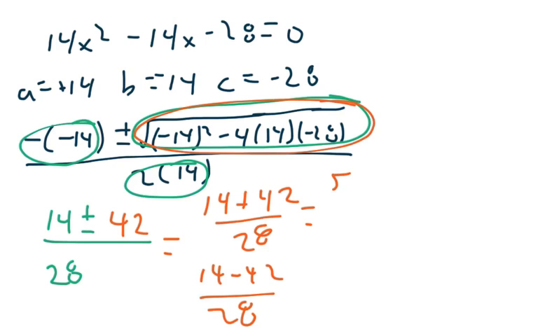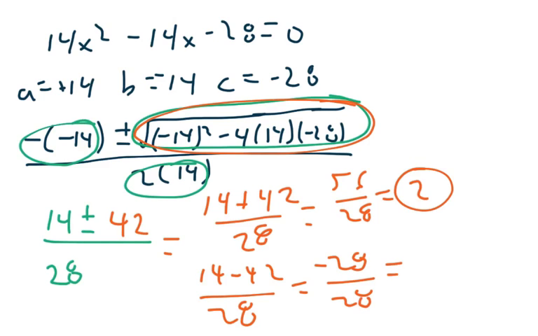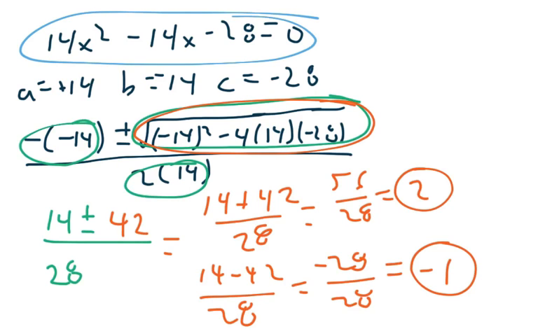And that's 56 divided by 28, which of course is 2. And this right here is negative 28 divided by 28, which is negative 1. Now remember, we were solving for, look at the blue, guys, we're solving for x's, right? So these two are my x coordinates for my solutions, 2 and negative 1.